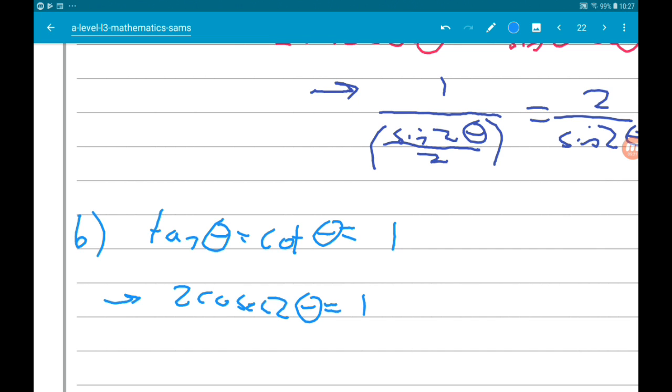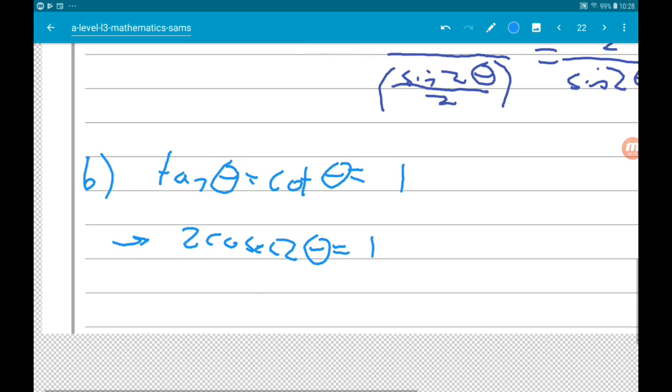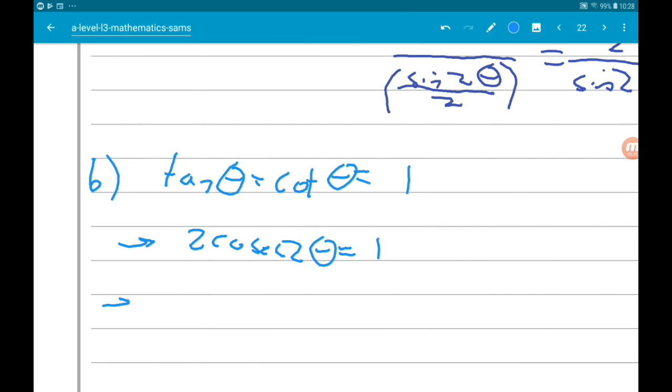Now that means then that 2 over sine of 2 theta is equal to 1.